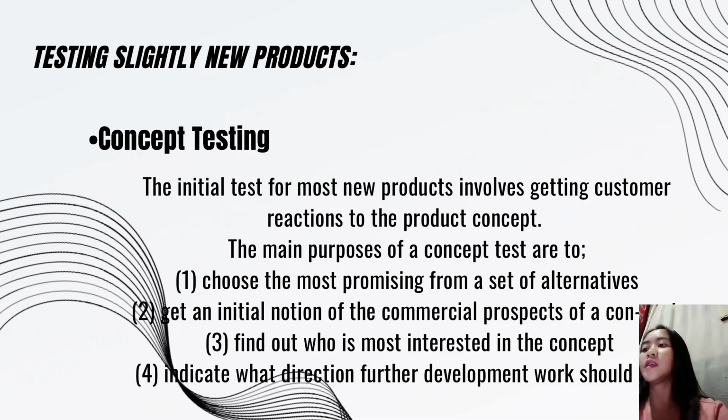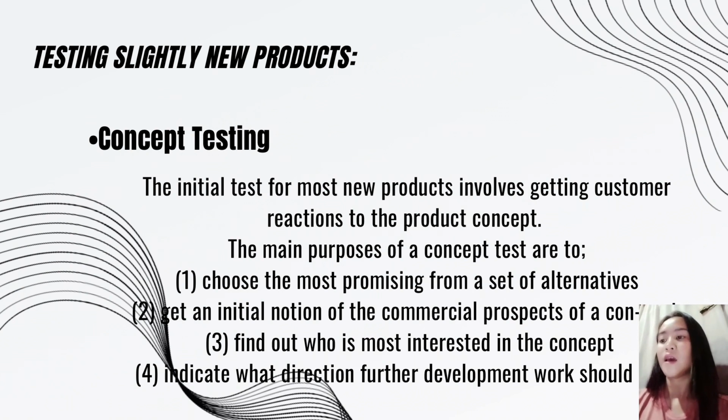So in testing new products, first is concept testing. The initial test for most new products involves getting customers' reactions to the product concept. The main purposes of a concept test are, first, to choose the most promising from a set of alternatives.